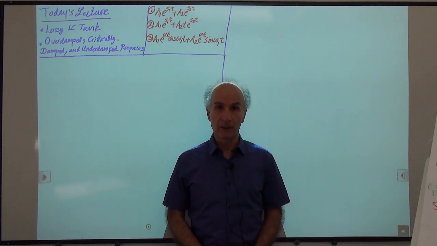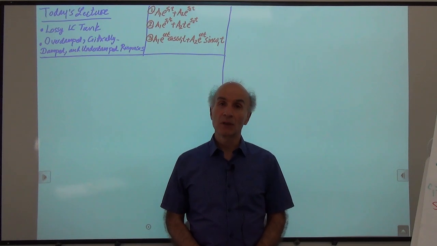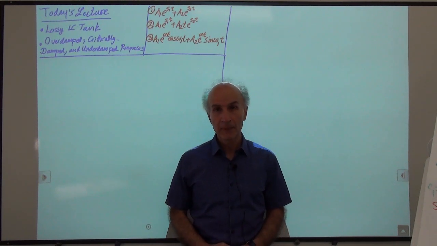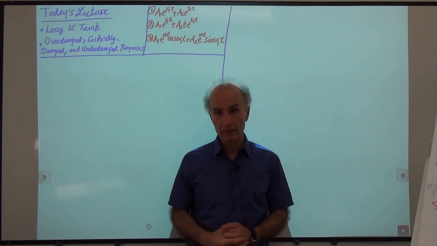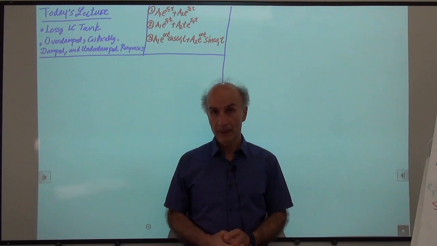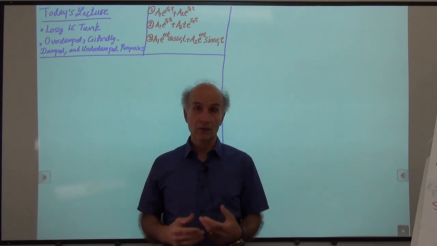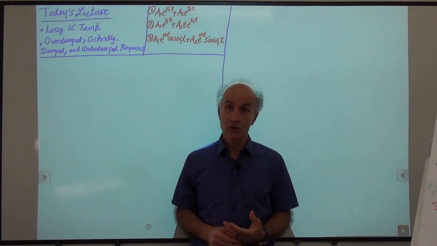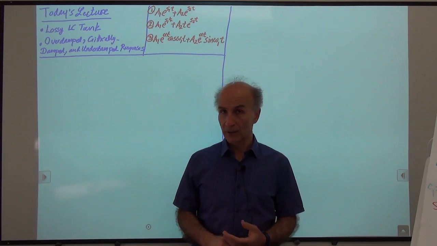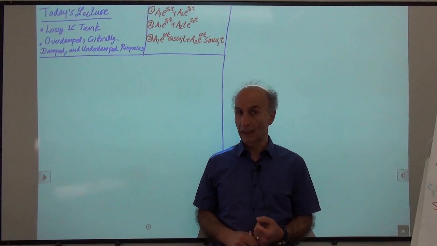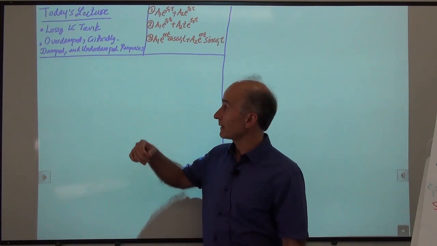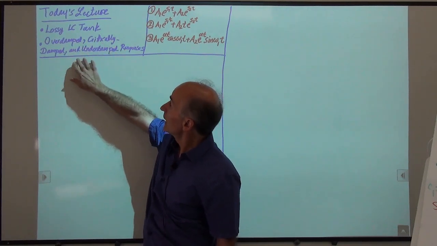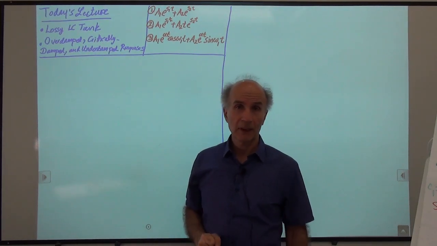I am Razavi. Today we will continue to look at the lossy parallel LC tank and try to quantify its behavior for different cases. We will see that there are actually three possibilities for the response of the circuit to the initial condition on the capacitor, and based on those we will arrive at the concepts of overdamped, critically damped, and underdamped cases.